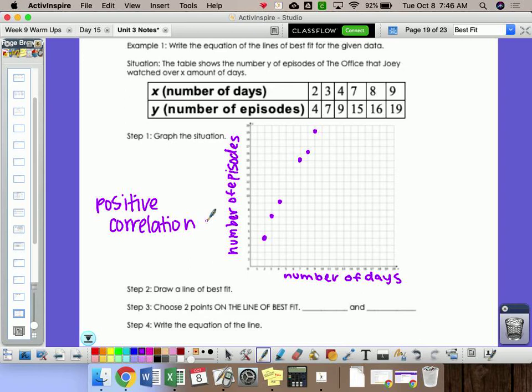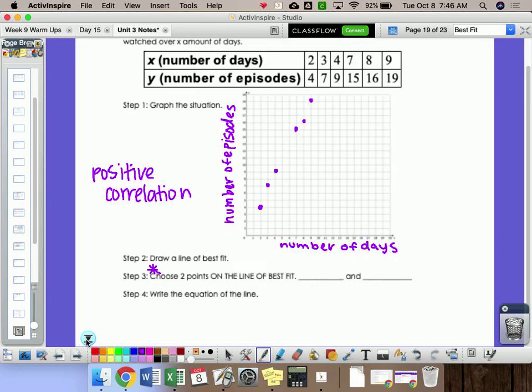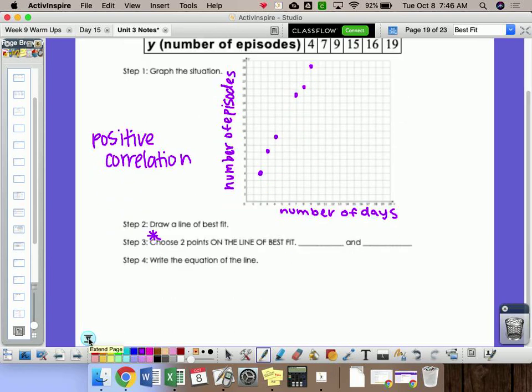So now we need to draw our line of best fit. When you're doing this, you are going to try to hit as many points as you possibly can. So if you want to write yourself a note, under draw line of best fit, we want to hit as many points as possible.